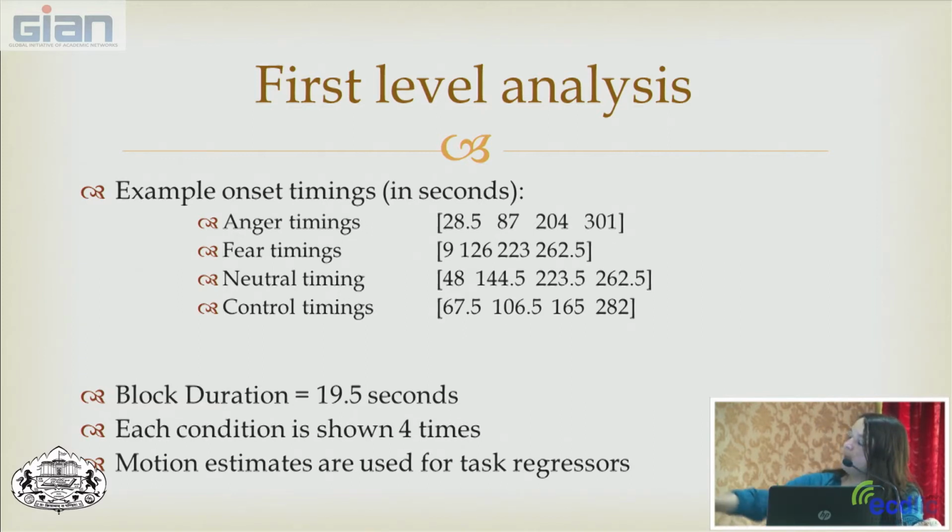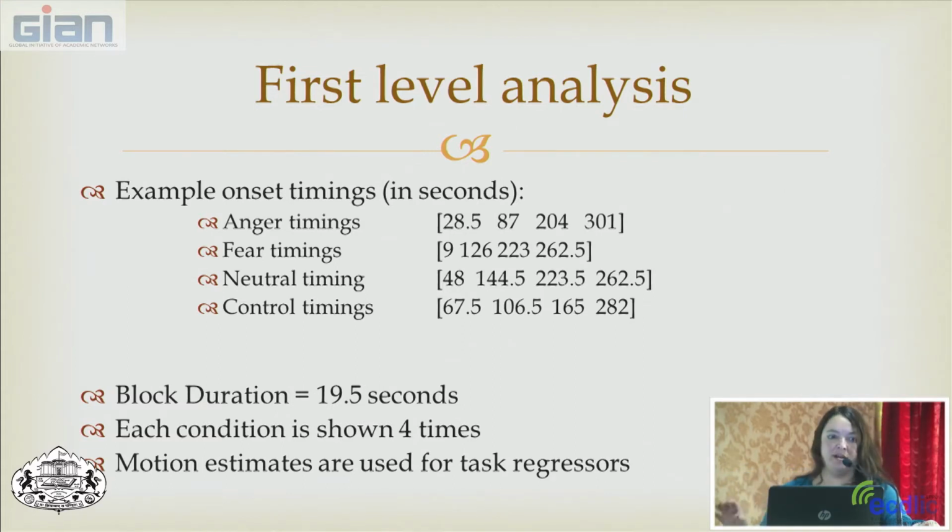Our first event is the fear at 9 seconds. You can see in the second row here, and that lasts for 19.5 seconds. The next one after that would be the angry face, because that starts at 28.5 seconds. Then again, 19.5 seconds later, they see the neutral phase.